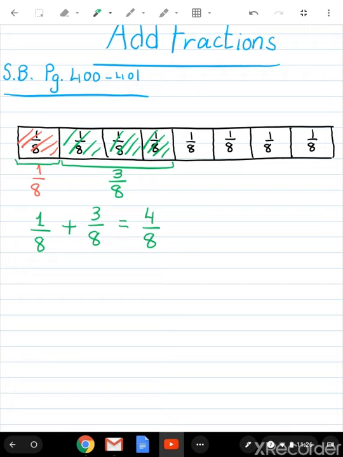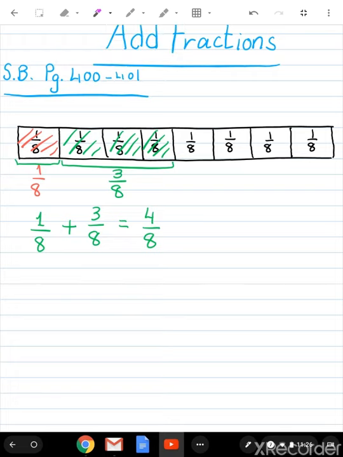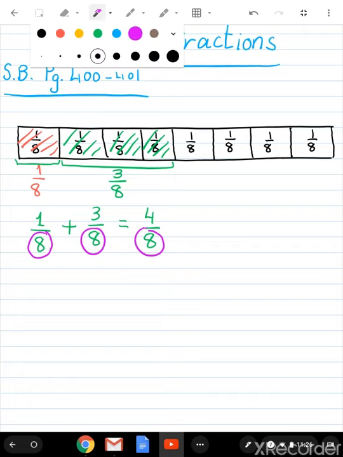From this we can see that when we add fractions we should have common denominators. And when we add the fractions, the denominators stay the same and we add only the numerators.